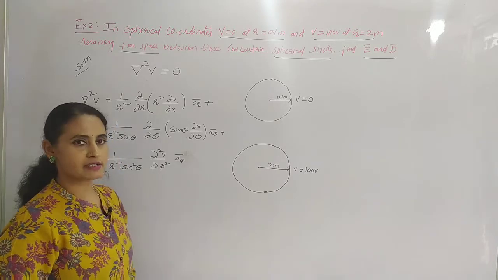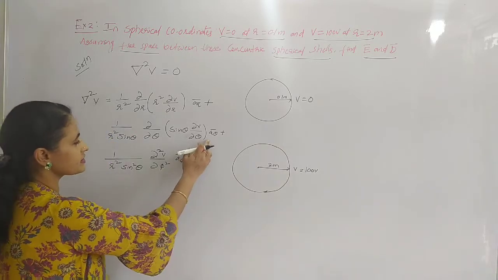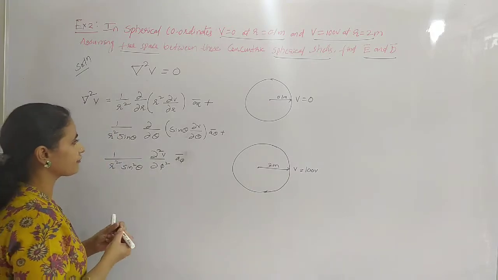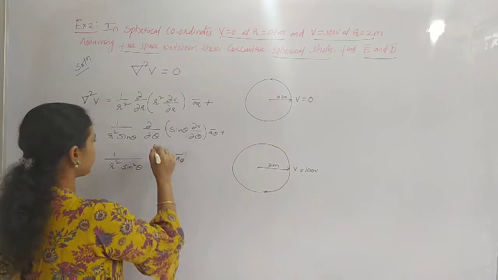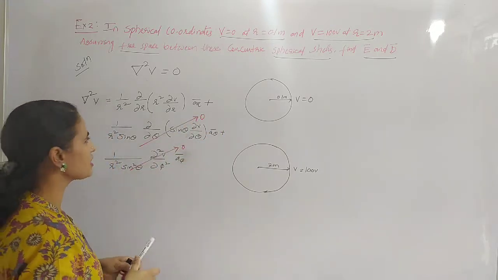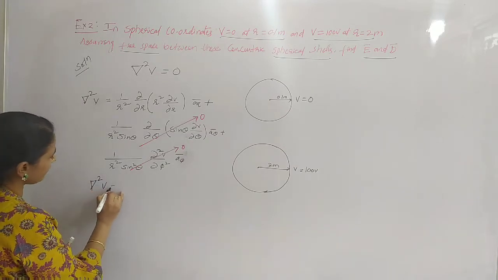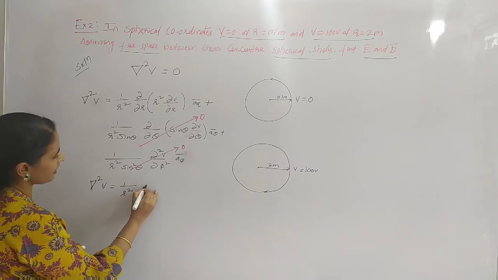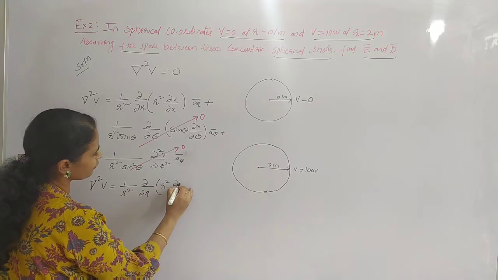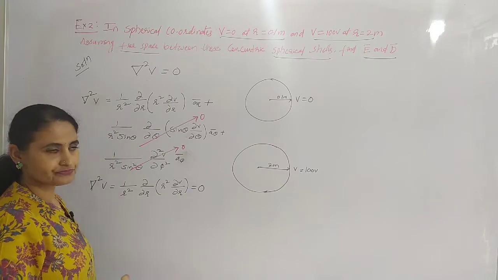As both the spheres vary only with respect to r, the theta and phi terms, the a theta and a phi terms, are 0. Now the Laplace equation is given by 1 by r square dou by dou r of r square into dou V by dou r equal to 0.